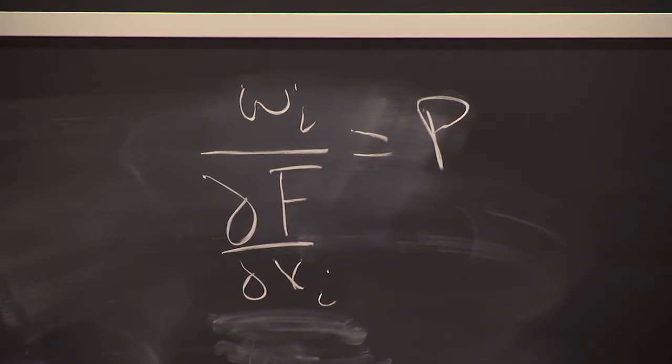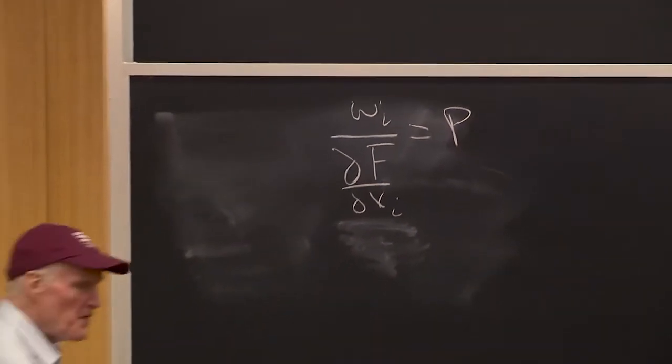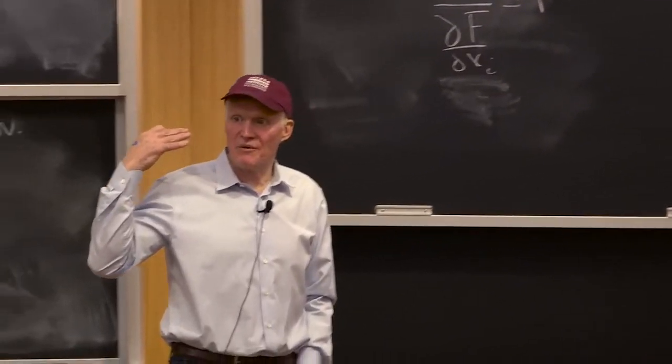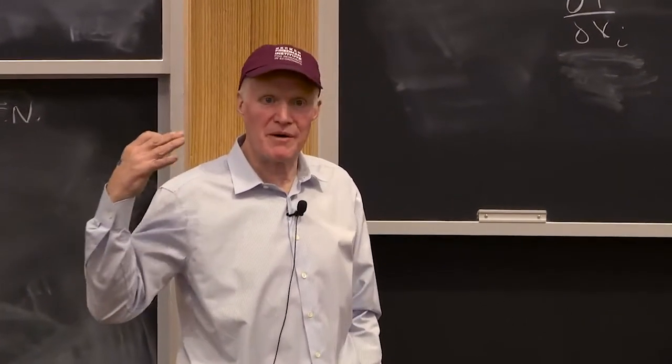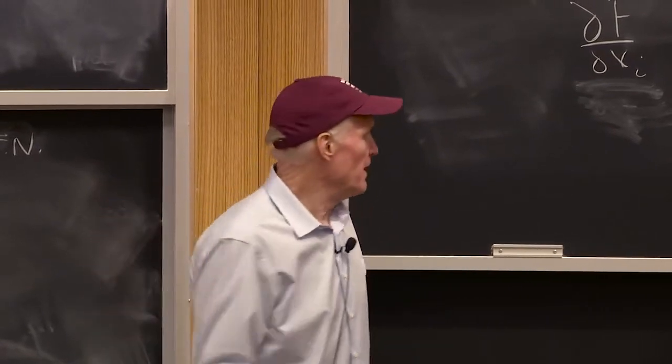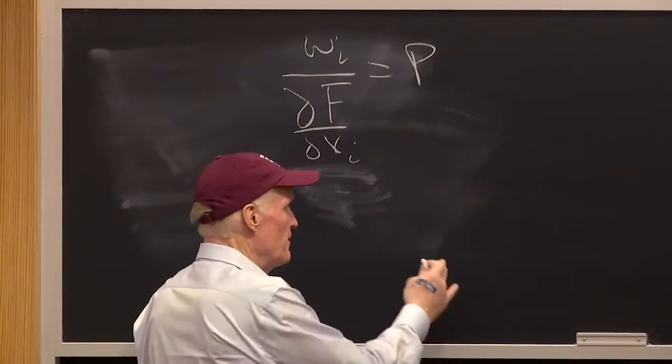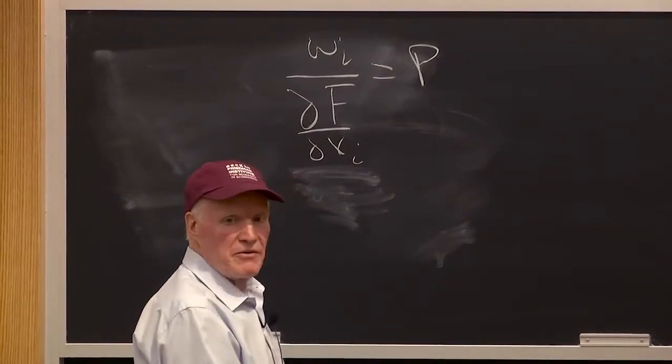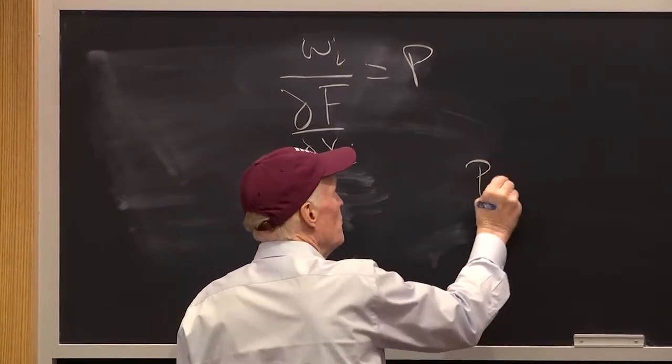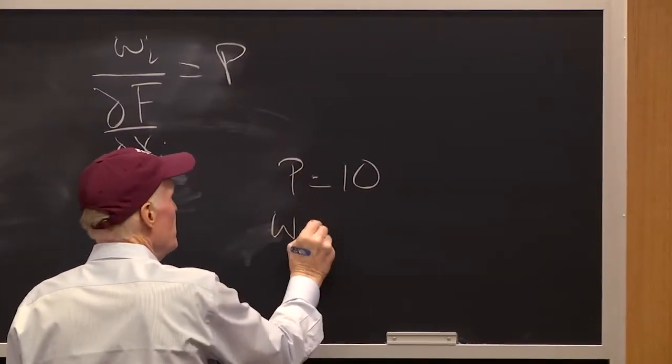Yeah, right. One thing you can always do in your head if you don't like this is think about it with just numbers. Let's say P equals 10 and W equals 20.